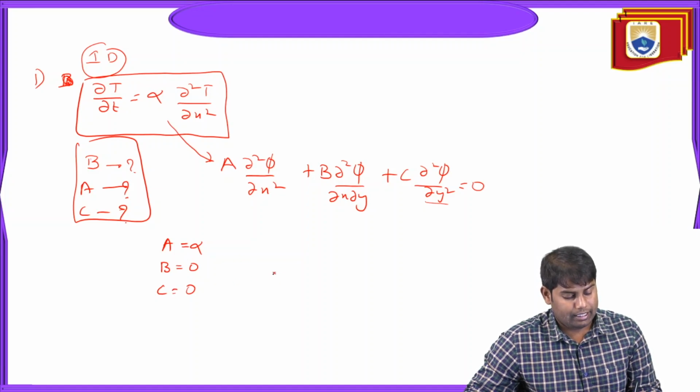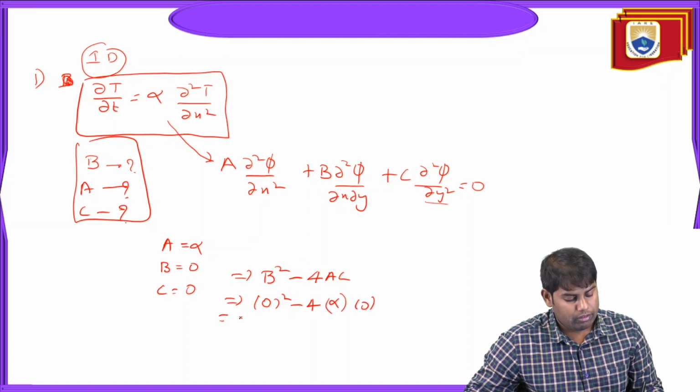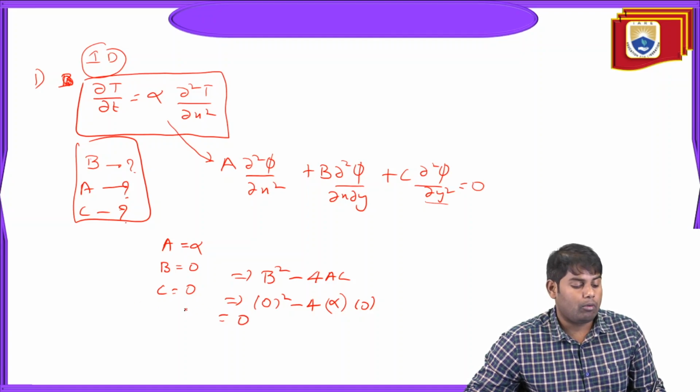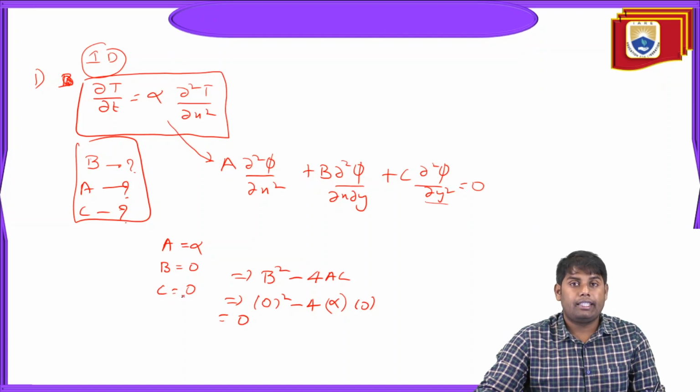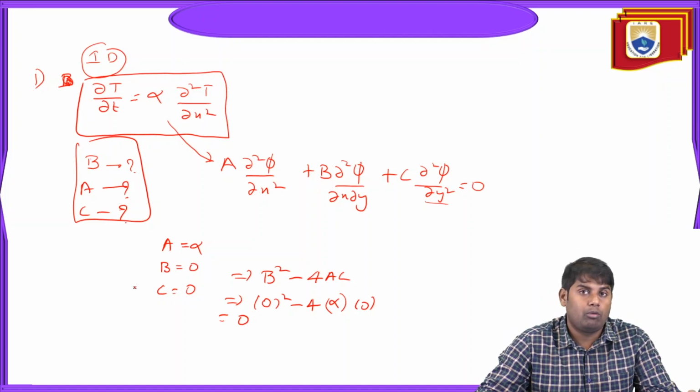Let us take the value of b² minus 4ac. Here b is 0, 4 into a is alpha, and c is 0, therefore this will be 0. So the unsteady thermal conduction equation comes under the parabolic equation.